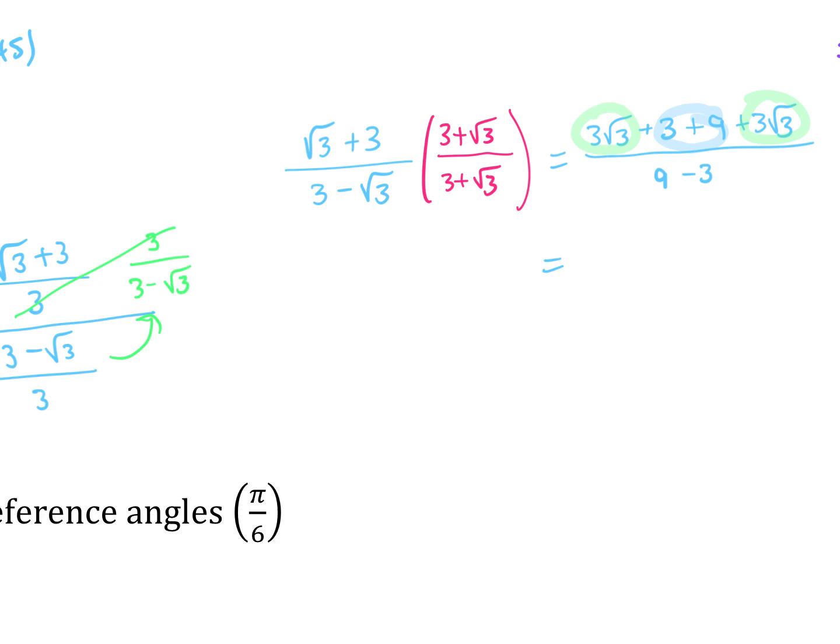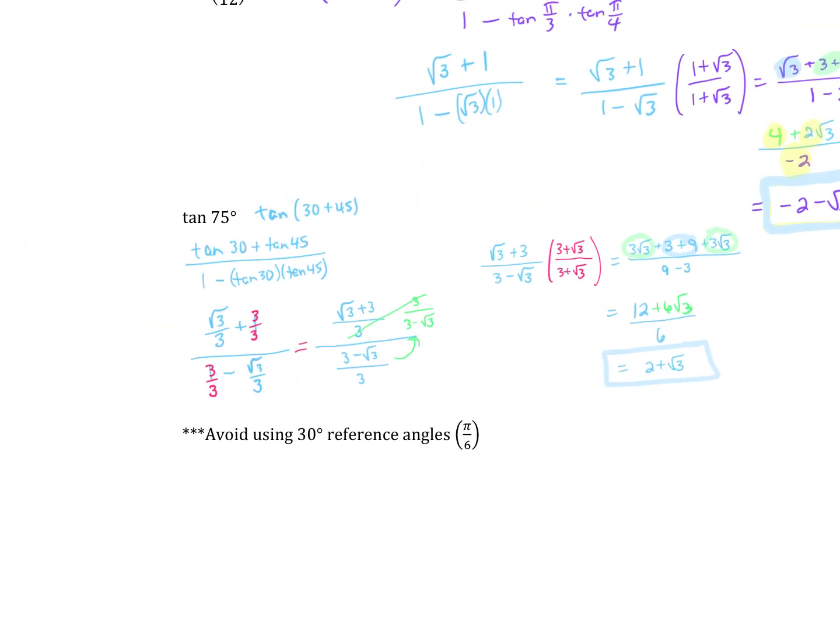Okay, so 9 plus 3 gives us 12 plus 6 root 3. There you go. All over 6. And now we can do our Mickey Mouse ears. And we get our final answer. So this is 2 plus the square root of 3. Okay.